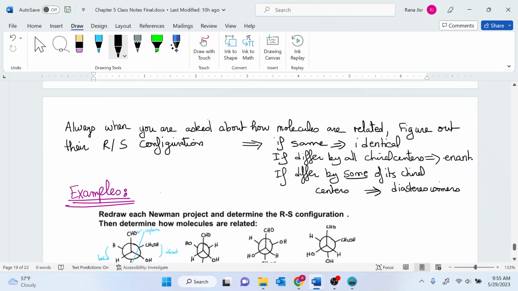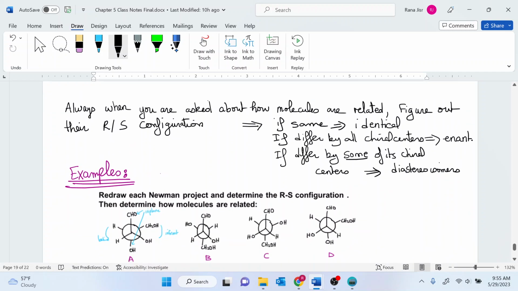So the most important question in this chapter is when I give you a series of molecules and I ask you, what is the relationship between them? How are they related? They can be the same, different enantiomers or diastereoisomers. So in order to figure out the relationship, you have to locate the chiral centers and calculate the configuration of the chiral centers.